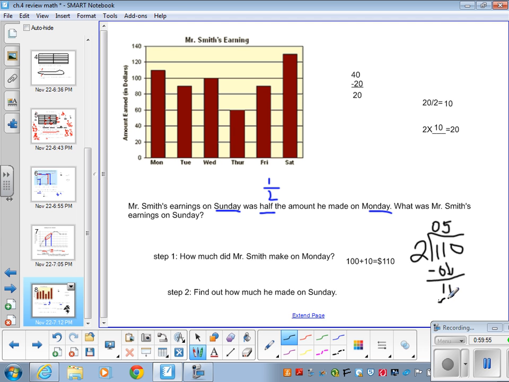Now I subtract 10. When I subtract 10, 11 minus 10 is 1. I bring down the 0. 2 goes into 10 how many times? I multiply. 2 times what gives me 10? Oh, it's 5.